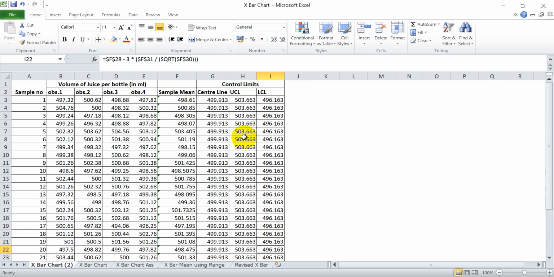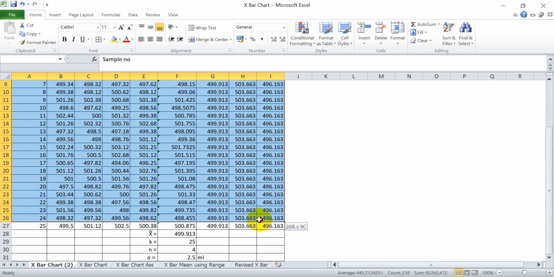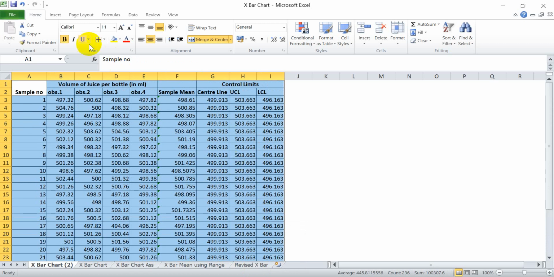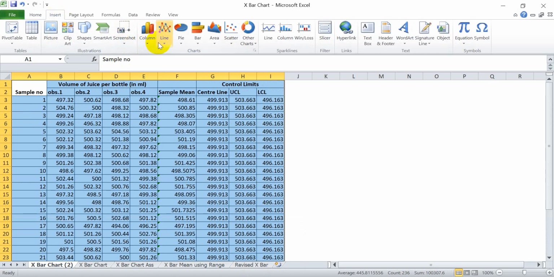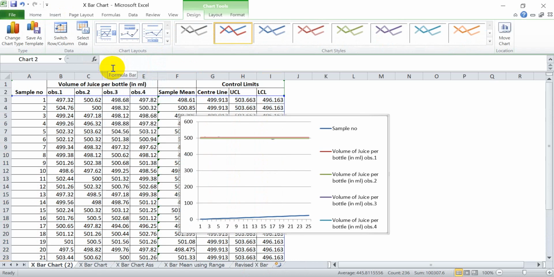Now for visualization purposes or for better understanding, let's draw a chart for this. For this we have to select this data, insert, and we'll put a line chart.